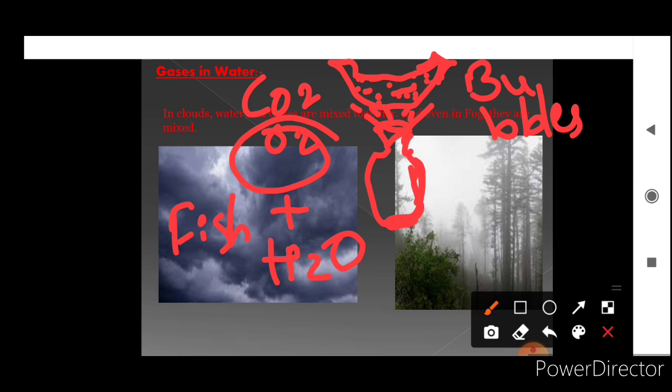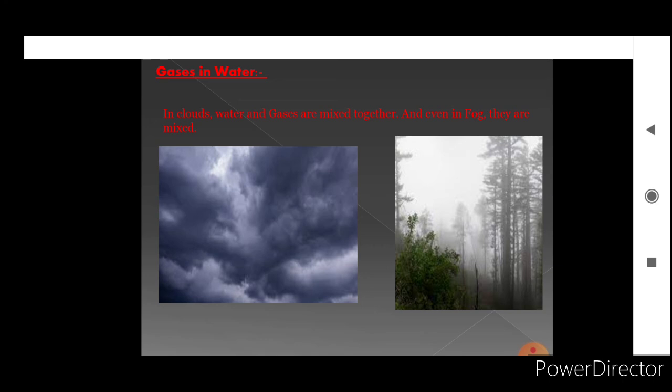So these types of solutions are known as gases in water. Gases are dissolved in the water. Understood? And here some more examples are there. Gases in water. In clouds, when you observe the clouds, water and other gases are mixed together.